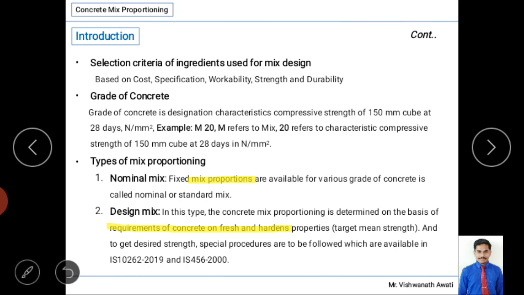If you want the required concrete strength in fresh and hardened state, you have to follow the procedure of IS 10262 2019 code book and IS 456 2000. We have to refer to these for the calculation of design mix, and you will get to know how to use these two code books when we solve numerical problems.